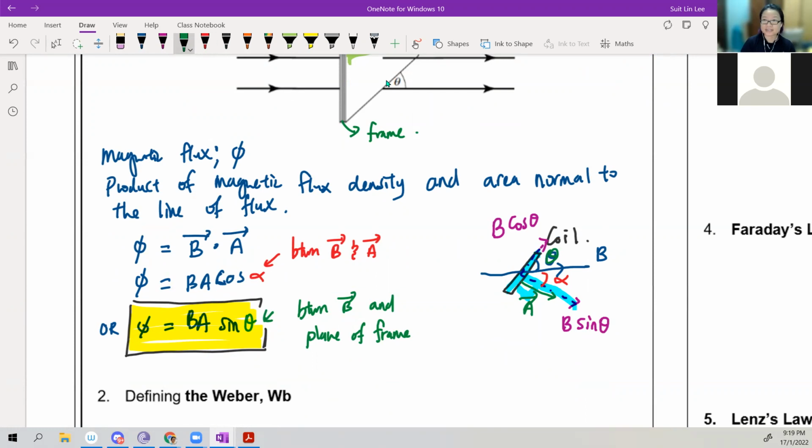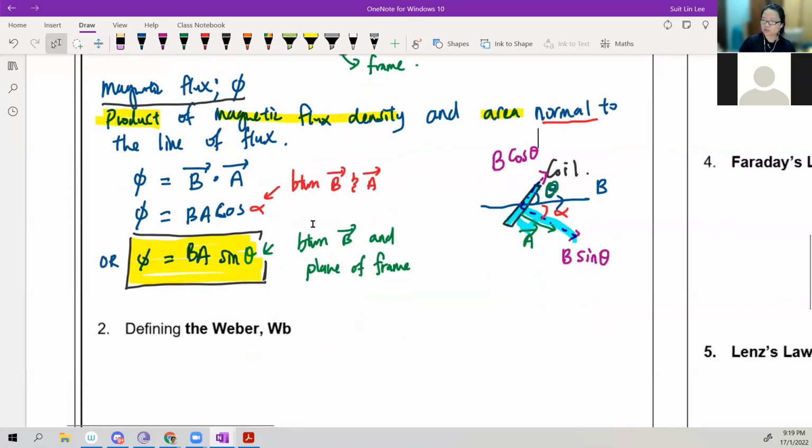That's why you learn unit vectors, or at least I hope you learn. But for physics, what you need to know is just the product B times A, and also remember to mention the direction, normal to the line of flux. So 1 mark each, normally it is 2.